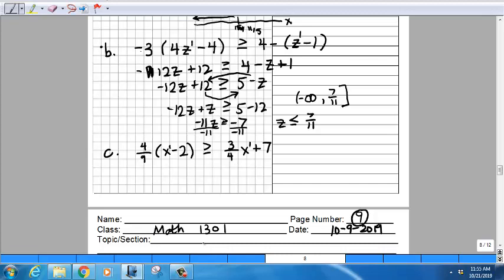Multiplying by 36, so I'm going to multiply this side by 36, and then I've got to multiply both of these things by 36, the 3/4, but also the 7. I also have to multiply the 7 by the 36. That 36 is the same as 4 times 9.